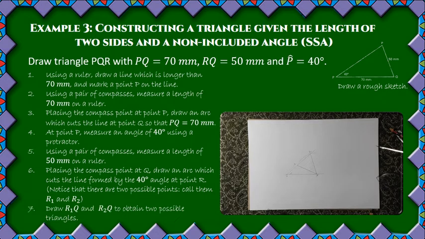Then we draw R1Q and R2Q to obtain two possible triangles.